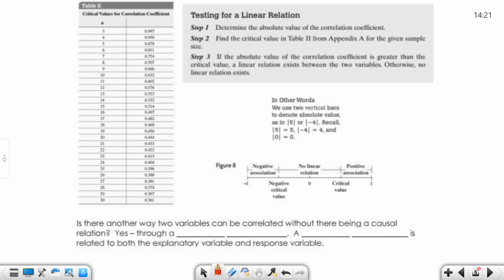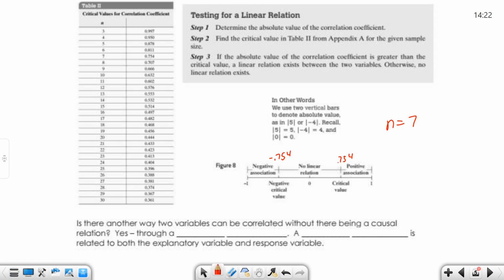For example, if we had 7 elements in our sample, what is our critical value? Right here, it's 0.754. So if n equals 7, then this is going to be 0.754, and this is going to be -0.754. Those are going to be my critical values.